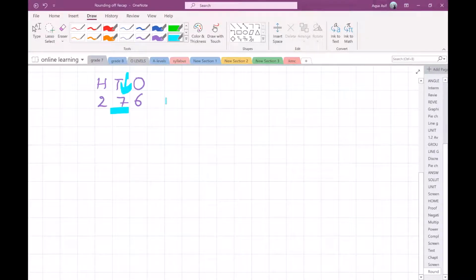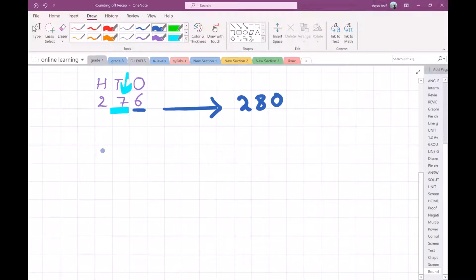Now let's consider 276. Have a look at the next number. Is it more than 5 or equal to 5? Yes, it is. So the number will be rounded off to the next number, which is 280. So the person will move forward to the second house, right?